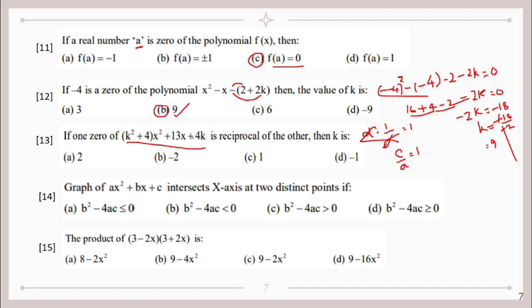Now what is the C value here? The constant part is the C value. That is 4k. And what is the A value? k square plus 4. Now when you cross multiply with 1, you will get 1 into k square plus 4, k square plus 4.